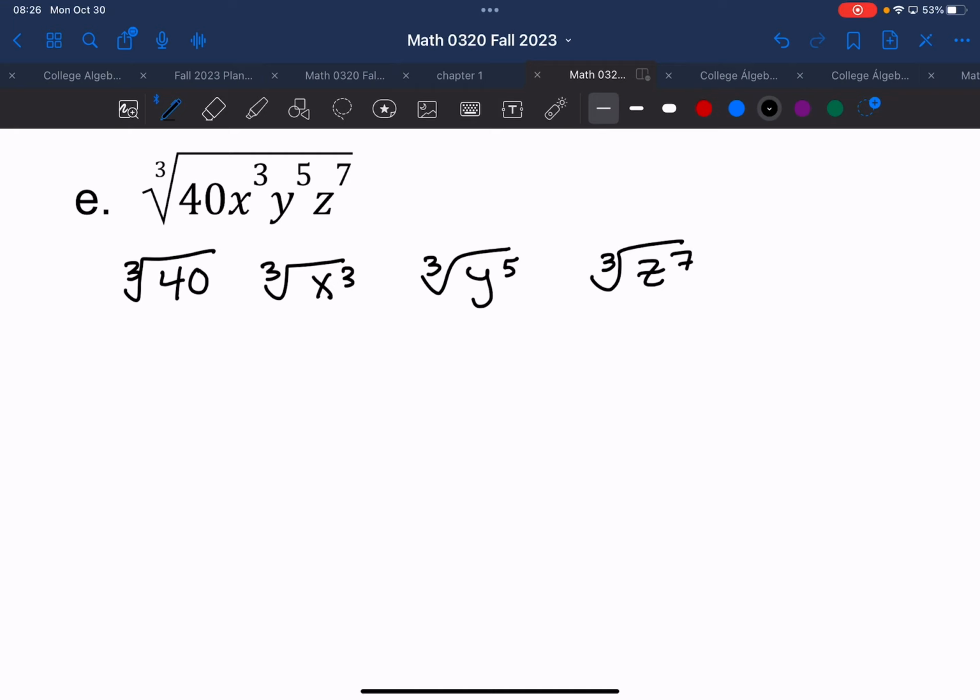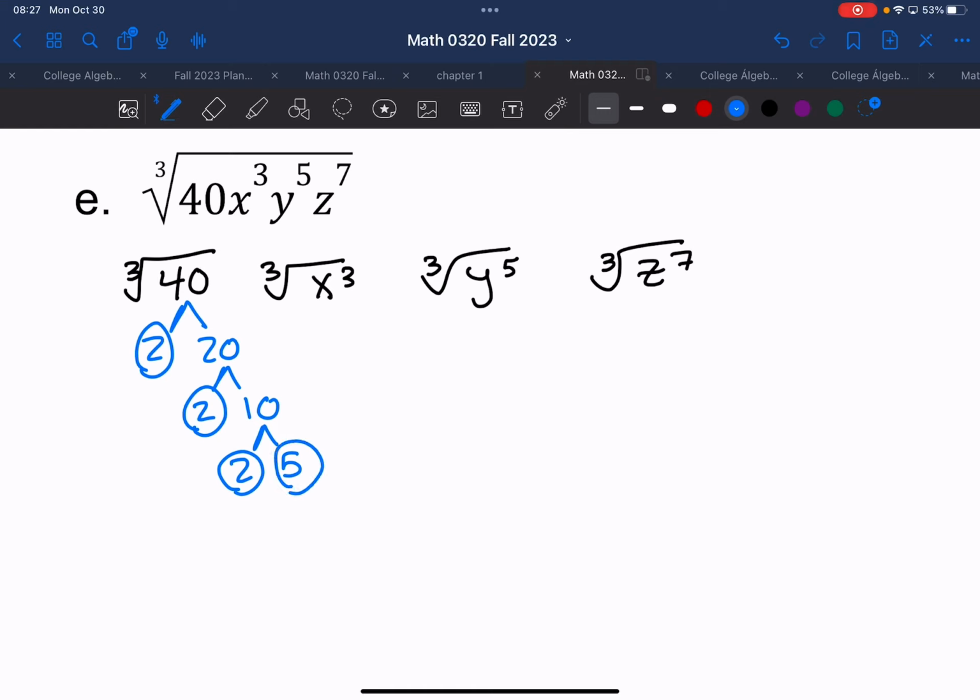Okay. Now we know how to separate each one. So for the cube root of 40, what are we going to have to do with that 40? Prime factor tree. So what goes into 40, the smallest prime number? 2. So 2 goes in 20 times. What goes into 20? 2, 10 times. What goes into 10? 2, 5 times. Is 5 prime?